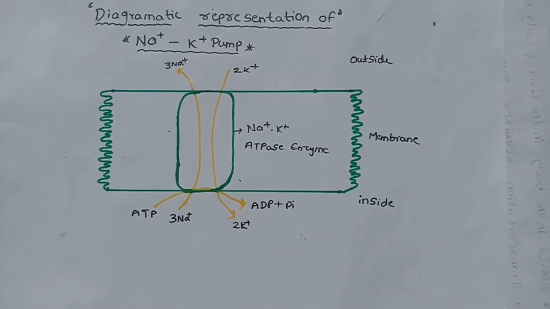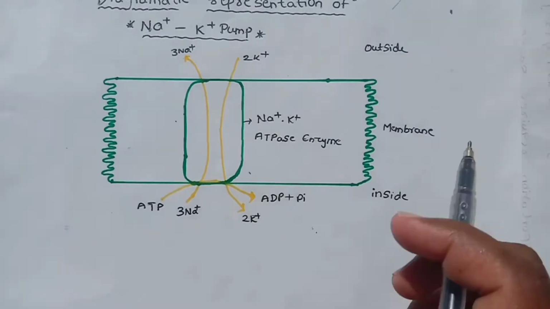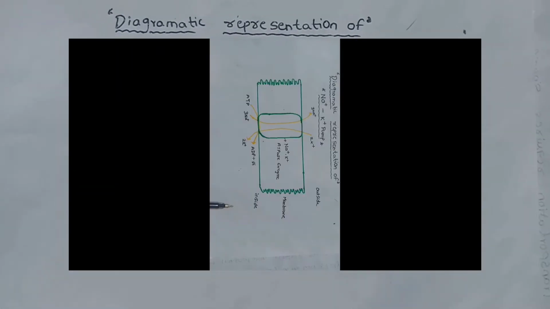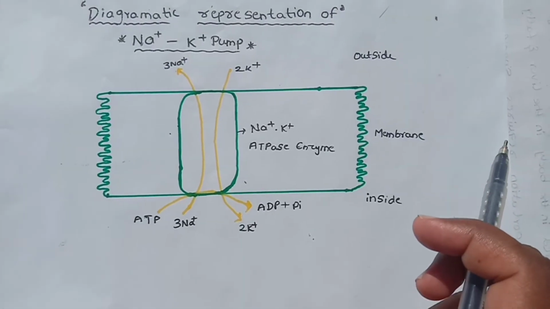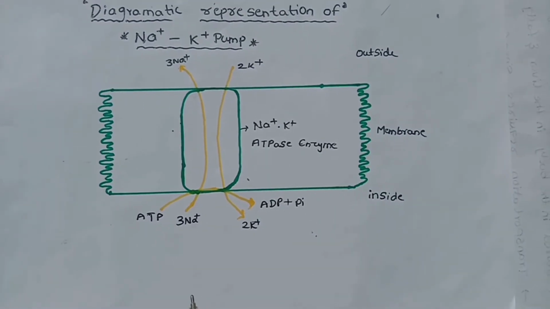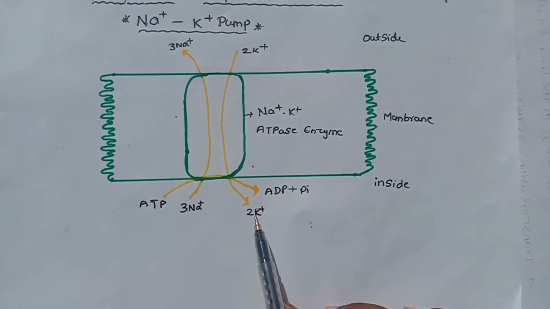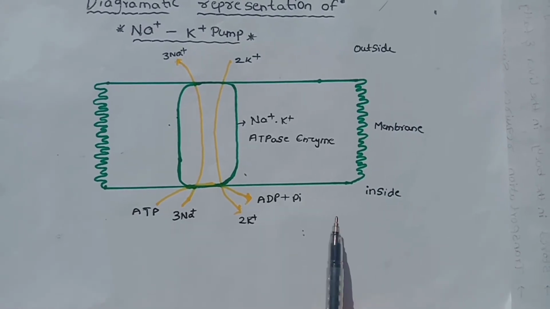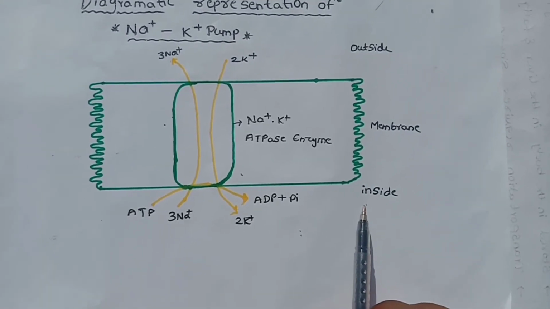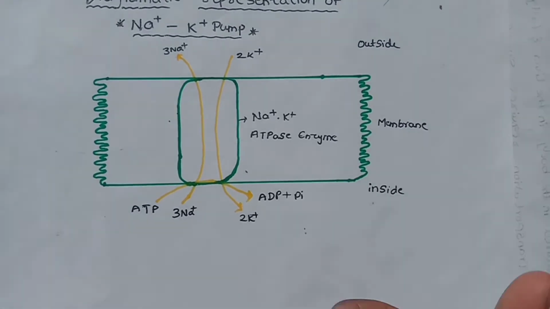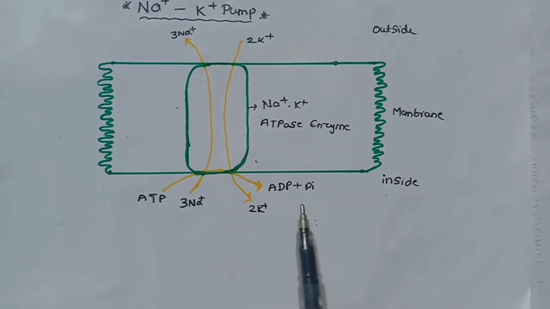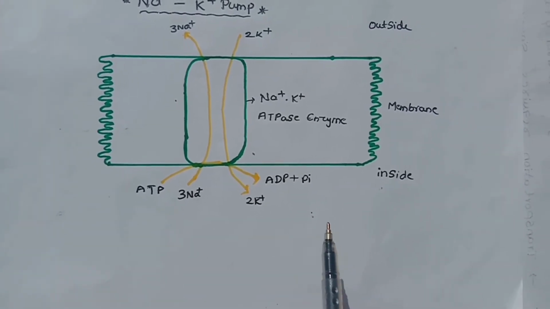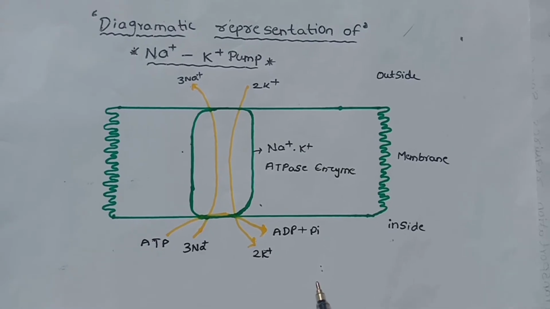Next we will discuss the mechanism of transport across the biological membrane: the sodium potassium pump. These cells have a high intracellular potassium concentration, K plus meaning potassium, and a low concentration of sodium inside the cell. Intracellular means inside the cell.